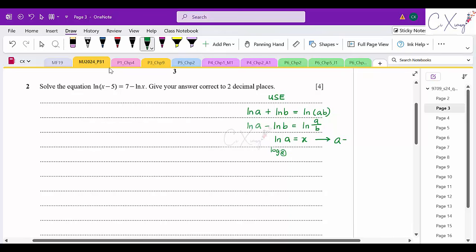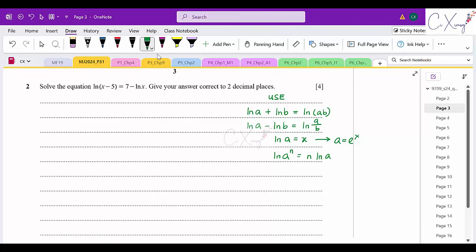So you have A equals e power X. Another commonly seen one is ln A power n. You can pull the n in front, making it n ln A. These are used very frequently when we have to solve equations that involve the ln. So let's have a look at our question here.